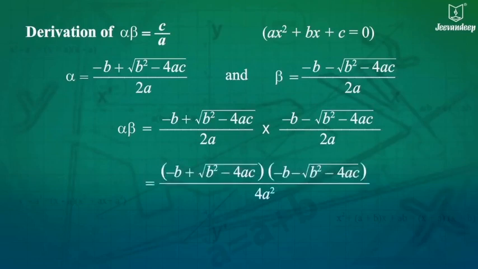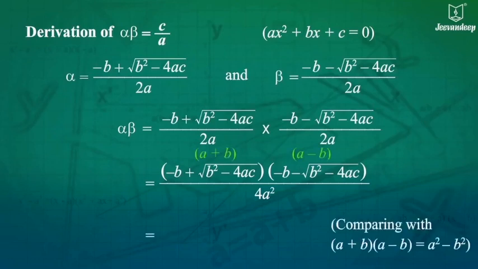This gives (minus b plus root b square minus 4ac)(minus b minus root b square minus 4ac) upon 4a square, or minus b square minus root b square minus 4ac upon 4a square.